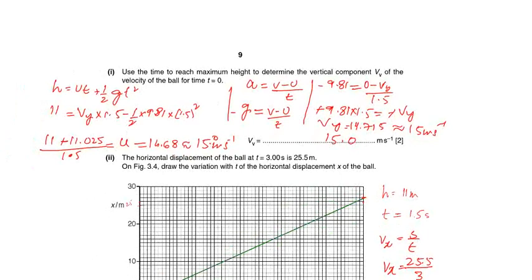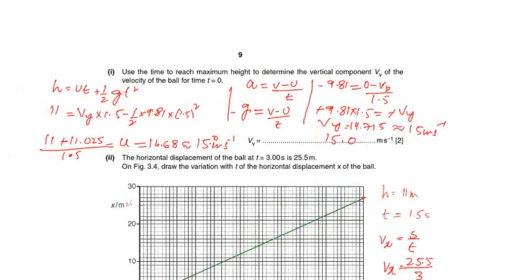One is the second equation of motion, which is h equals ut plus half gt squared, and second is the first equation of motion, v equals u plus gt, or a equals (v minus u) over t. So h is equal to ut plus half gt squared.